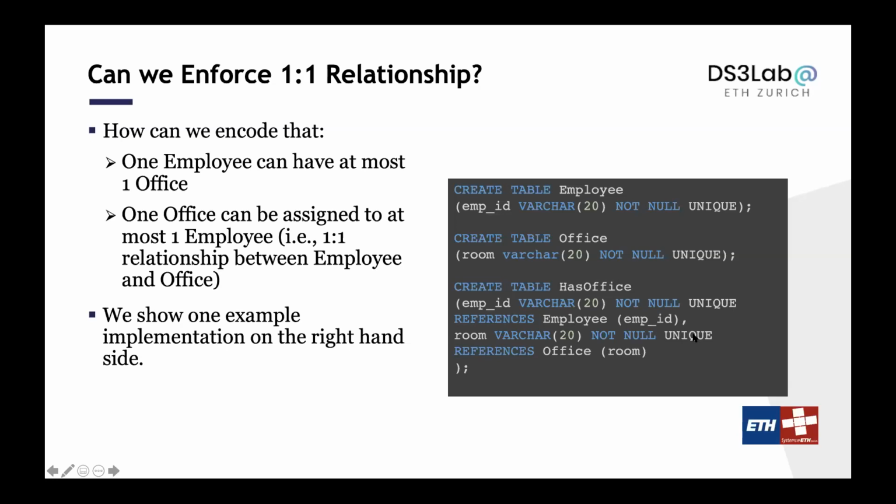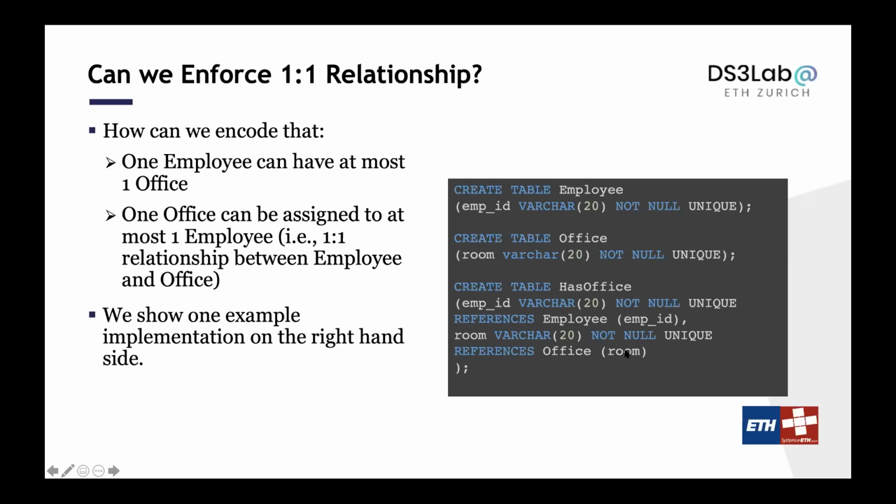I cannot have one employee mapped to a null room, otherwise it's going to violate the not null constraint of room. Similarly, I cannot have a room associated with a null employee. On the other hand, employee ID needs to link to a real employee because of the foreign key constraint, and the room needs to reference a real room because of the foreign key constraint.